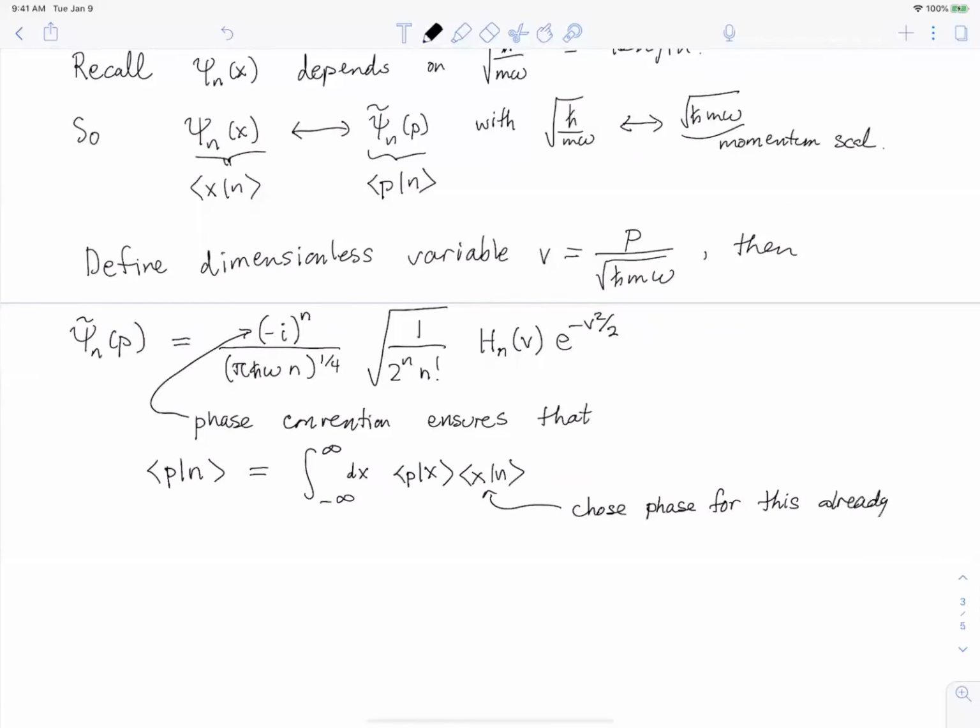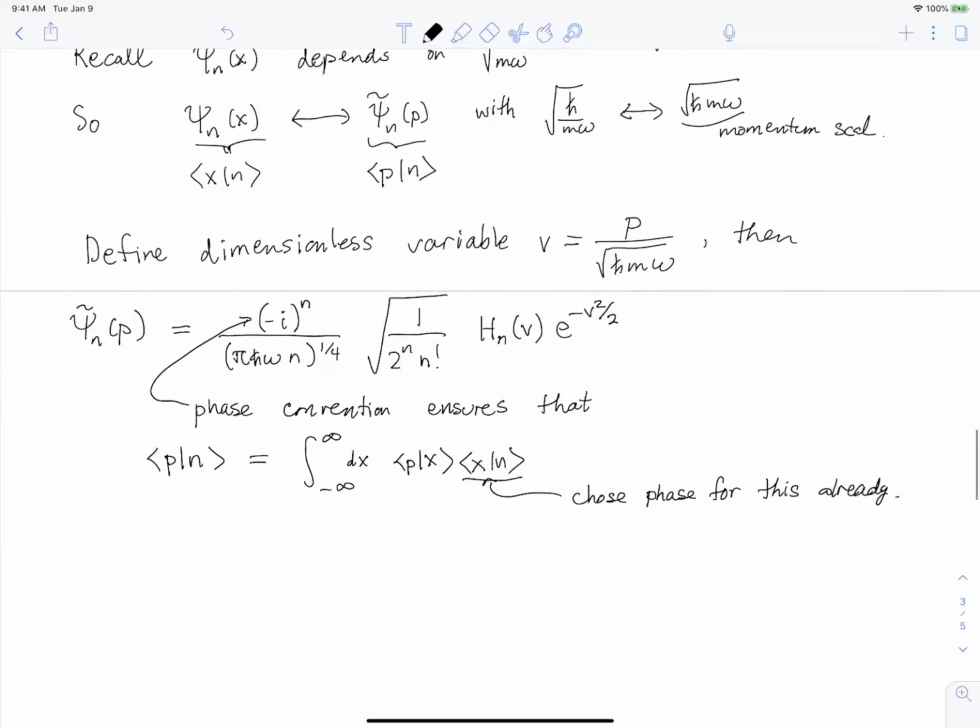And once we choose that phase choice for the position space wave function, that determines what the phase is for the momentum space wave function. And it turns out it can't be just real. Well, it can be for n equals an integer multiple of 4. But for everything else, it actually gets a phase factor.